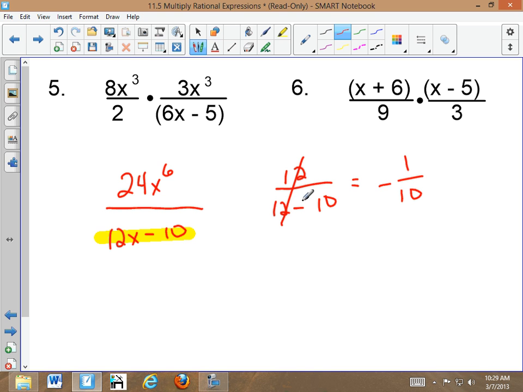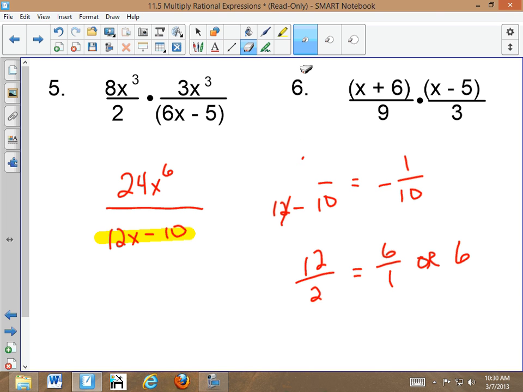See, the opposite of subtraction is addition, not division. This is really 12 over 2, because 12 minus 10 is 2, which equals 6 over 1, or 6. So I cannot cancel when I have something in a subtraction problem in either my numerator or denominator. I cannot cancel anything until I simplify my subtraction problem.